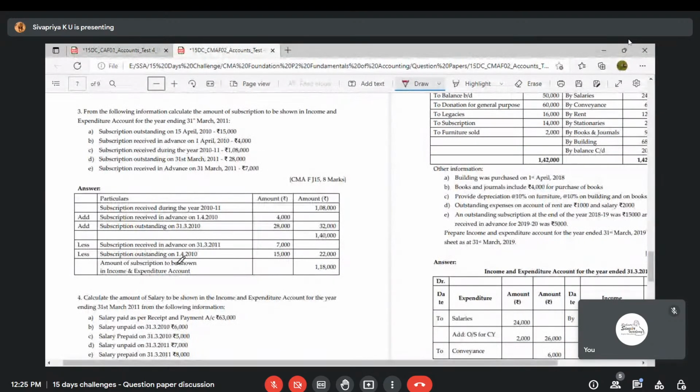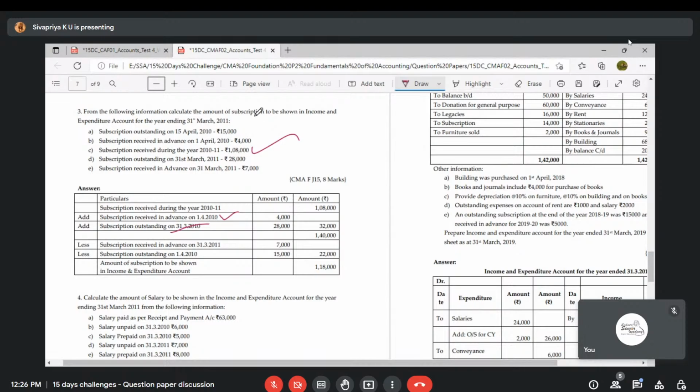Then question number 3. In this, it is a problem with only the subscription adjustment in the income and expenditure account. It is an 8 mark question. As for subscription, subscription received during the year is our base, this year's 1,08,000. What you have to do is, what you received in advance on the opening date 1/4/2010 has to be added back. And subscription outstanding on 31st March 2010 also has to be added. 4,000 and 28,000 is to be added.